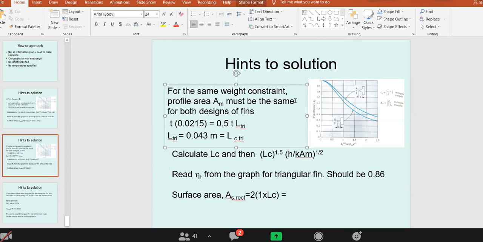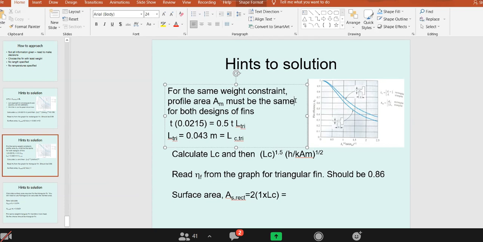Do you understand this? For same weight condition, AM times unit depth times density is the weight. So the profile area AM times the length times the density is equal to the volume, is equal to the weight.